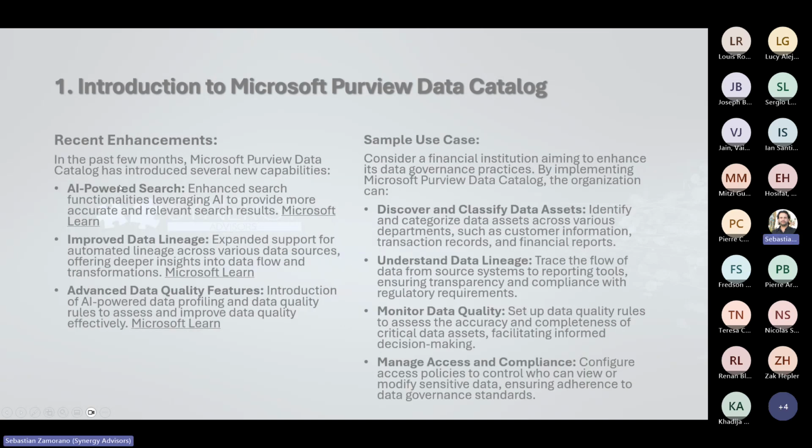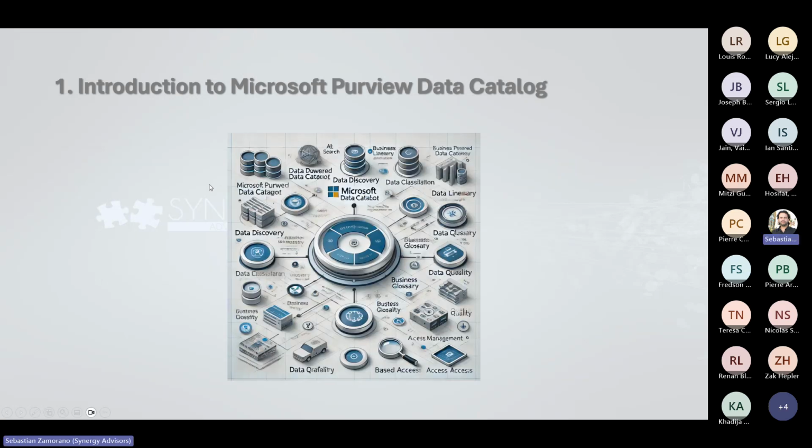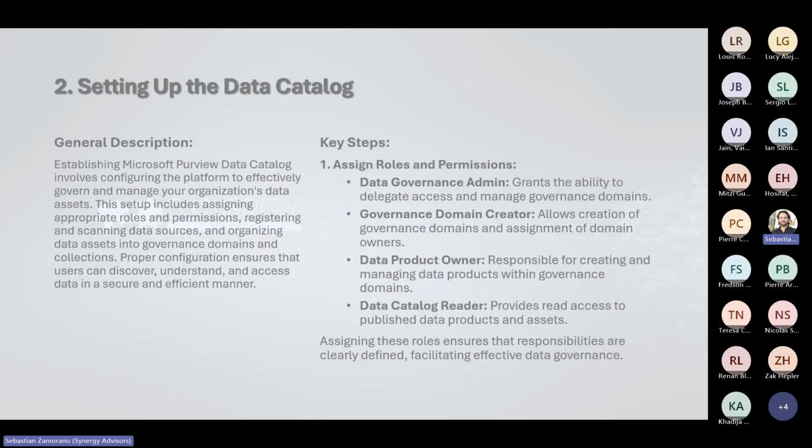Some recent enhancements for this one: we have some capabilities for AI. Microsoft is improving the data lineage and the data quality features. In general, from my experience configuring the Data Catalog, maybe from a technical perspective, it is not what we are looking for.